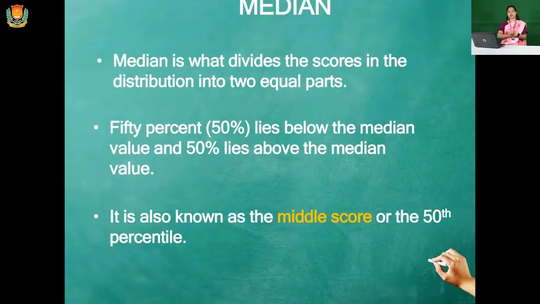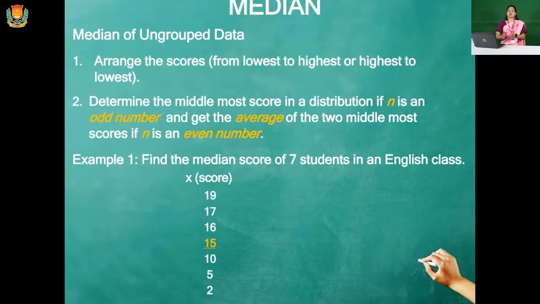It is also known as the middle score, the 50th percentile, or the second quartile. Quartiles, percentiles and deciles are calculated with the help of the median.